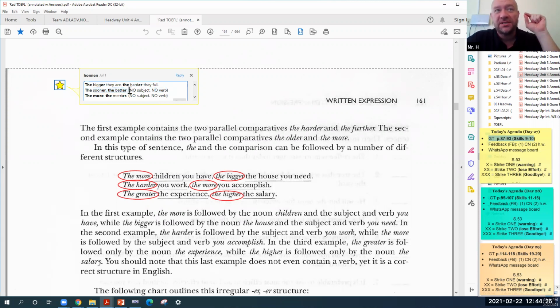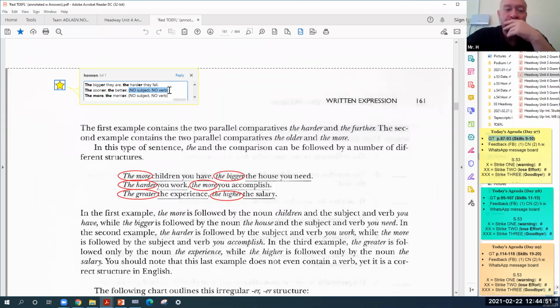Notice, do you see a subject? No. No subject. Do you see a verb? No. No verb. So this formula breaks all the rules, doesn't it? But it is a correct formula.